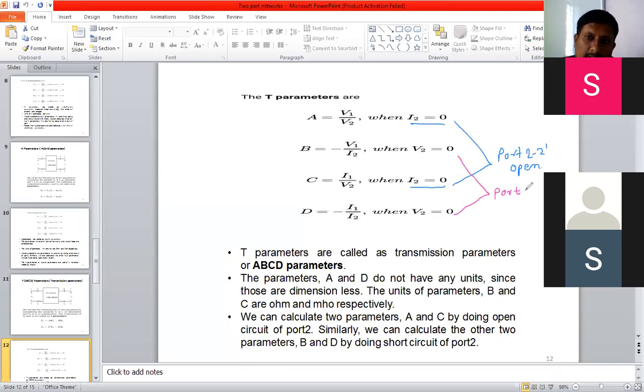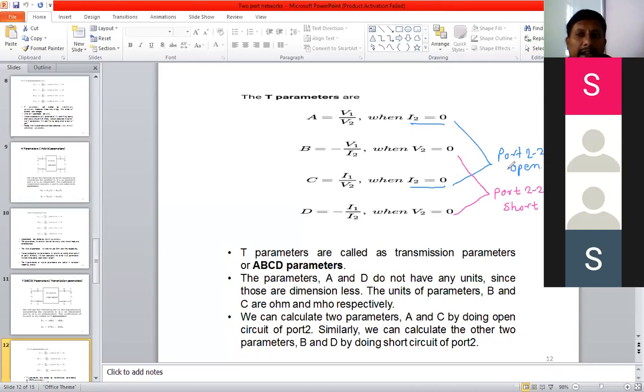Port 2 dash only we are making short. So here we are going to make port 2 open and short only. Do not touch port 1. Port 1 will be as it is. Port 2 dash you have to make open, and you can find out the A parameter and C parameter. Next, port 2 dash you can make short, and after that you can find out B and D.